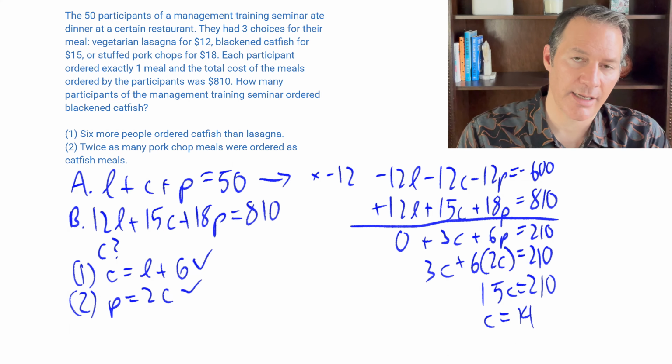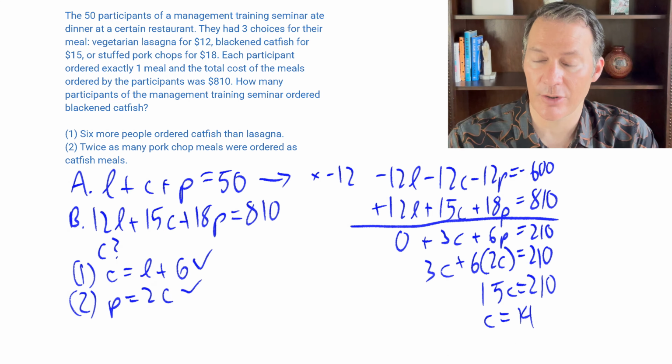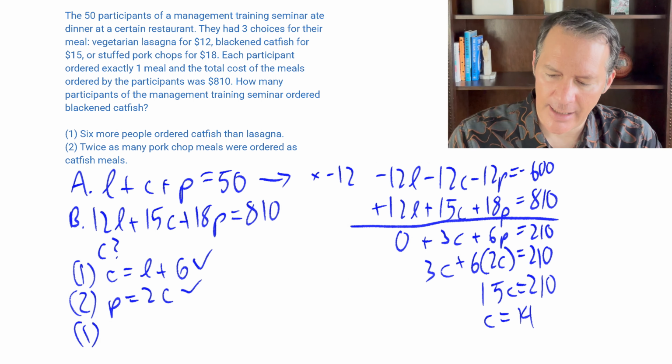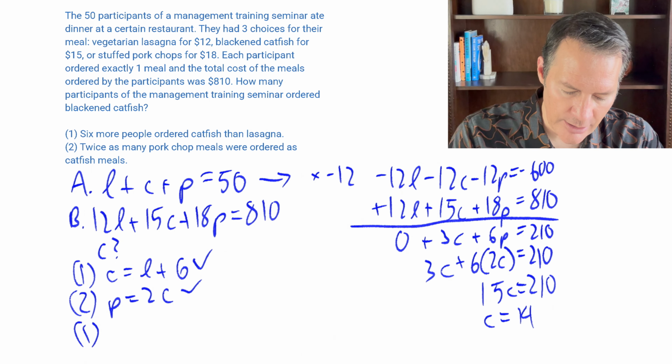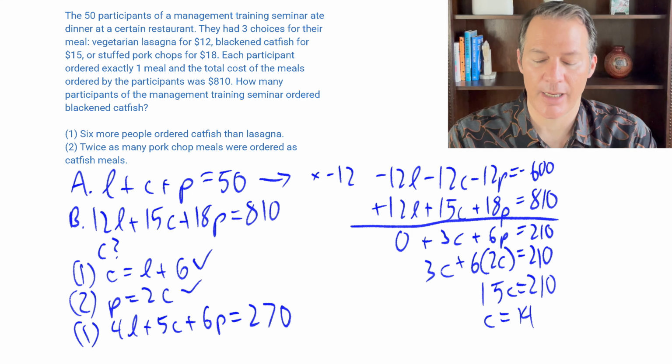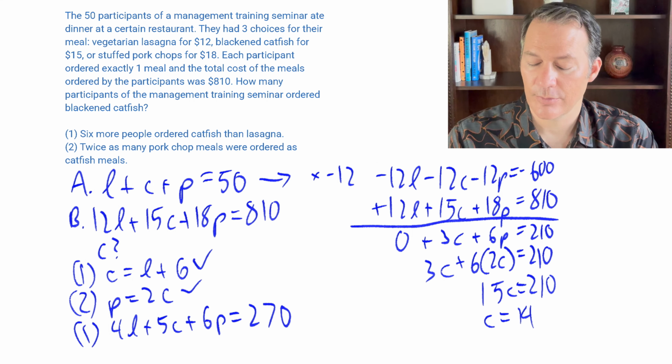Okay, but notice that I said to use the shortcut, it has to be three different equations. So let's say, for example, the GMAT gave you a statement 1 that said, there's a discount, okay, and now the lasagna is only $4. The catfish is only $5. And the pork chops are only $6. And the total is now only $270. Okay, so looks like another equation, right?